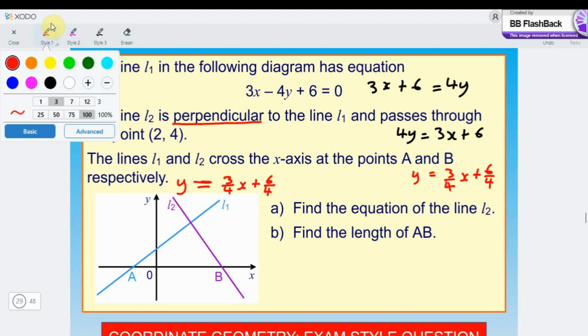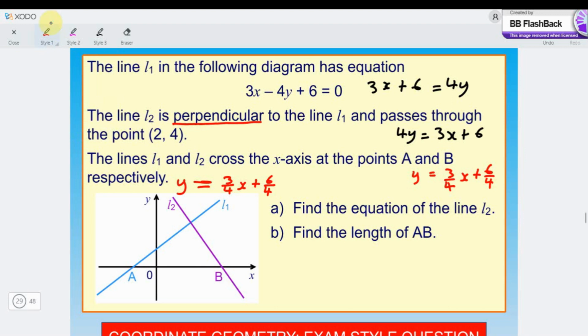So what's the gradient of the first line? 3 over 4. If the gradient of the first line is 3 over 4, we can find the gradient of the second line. The gradient of the second line is negative 1 over the gradient of the first line. That's the only way that when you multiply the two gradients, you get negative 1.